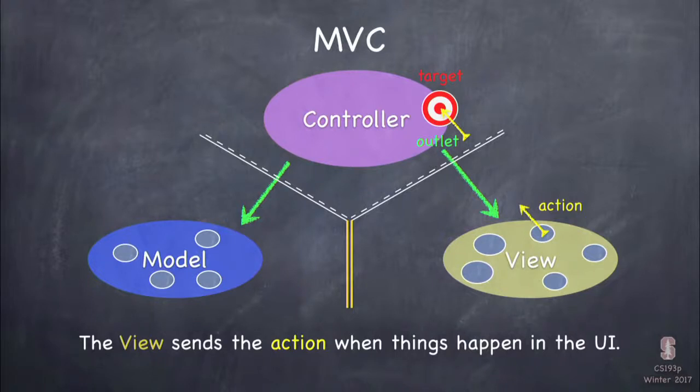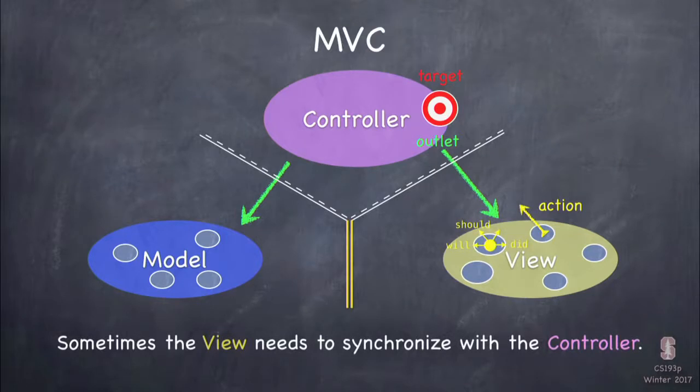Okay? But that's a little too simple for all the communication that these minions might want to do. For example, sometimes something in the view wants to synchronize itself with the controller, or it wants to know what the controller intends as it's being used. Let's use the example of a scroll view. A scroll view, when it's scrolling around, might want to ask the controller, should I allow the user to scroll over here?